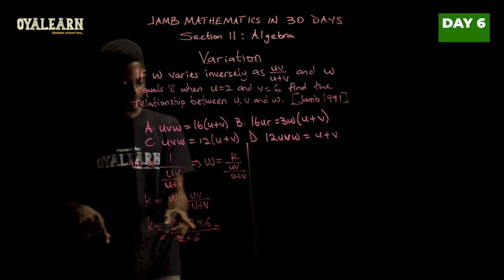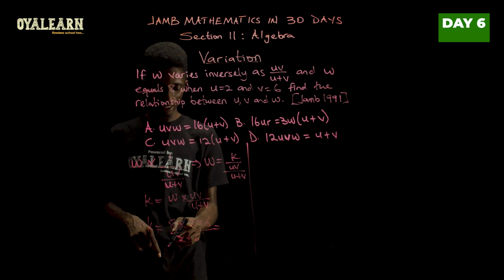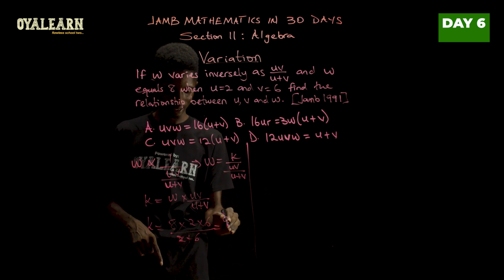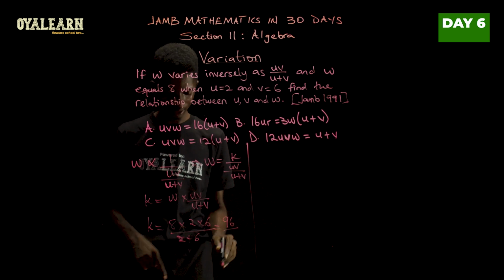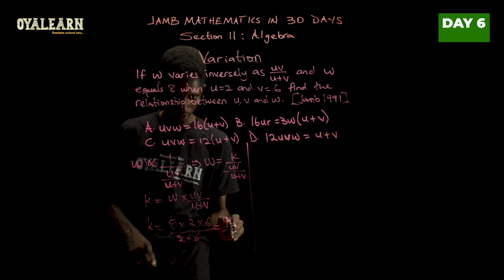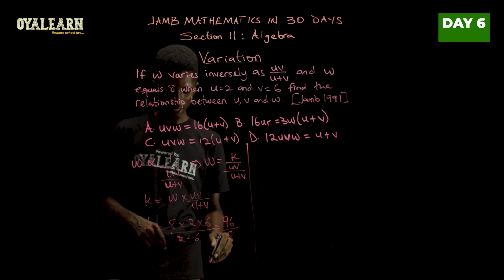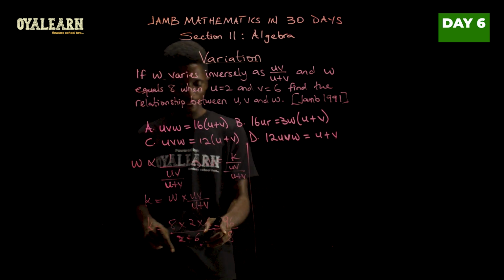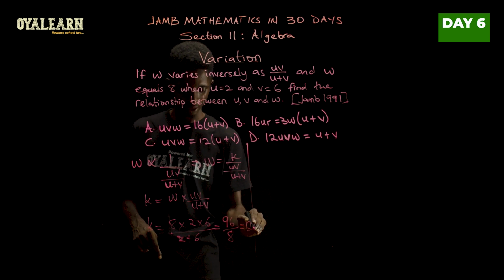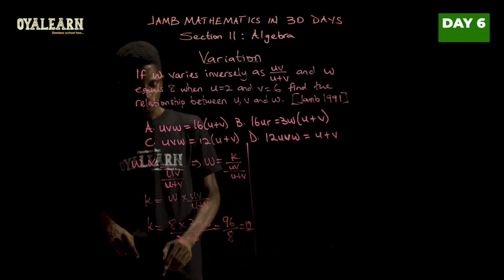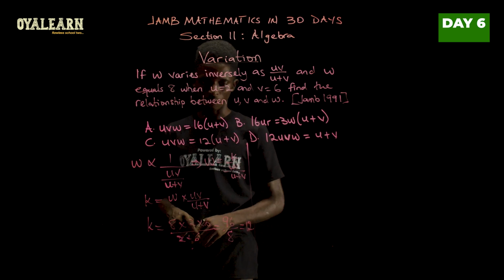Now, 8 times 6 is 48. 48 times 2, that's 96. Divided by 2 plus 6 will give us 8. Now, 8 will go in 96 12 times. So the value of k is 12.